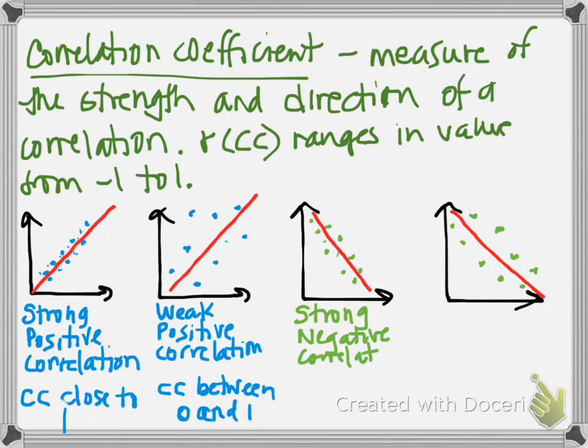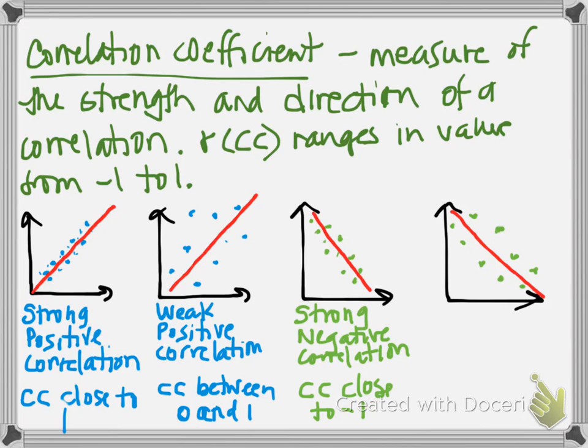That's because the dots are close to that line that best illustrates the relationship between those two variables. And the correlation coefficient is going to be close to -1. Okay, so that's the ideal for a negative correlation.